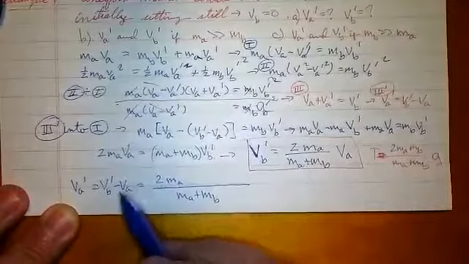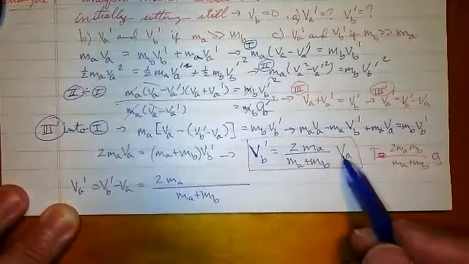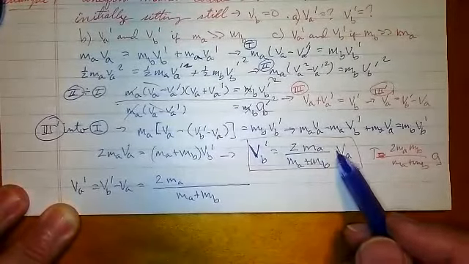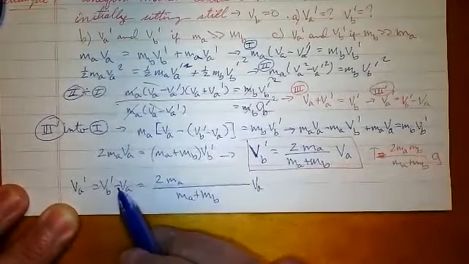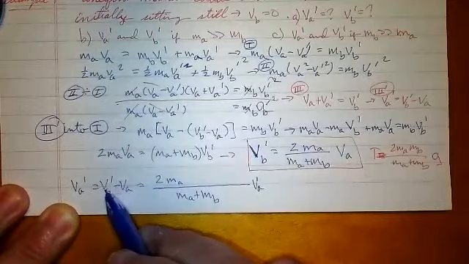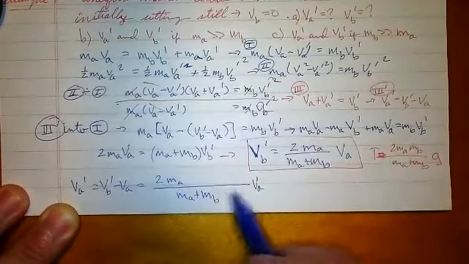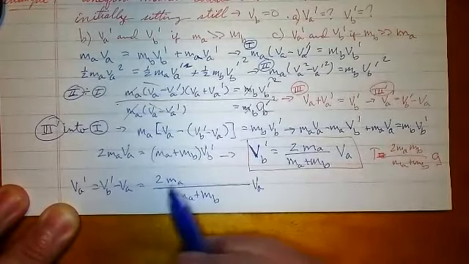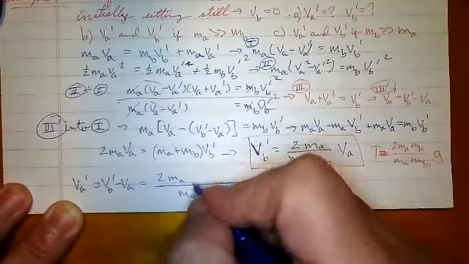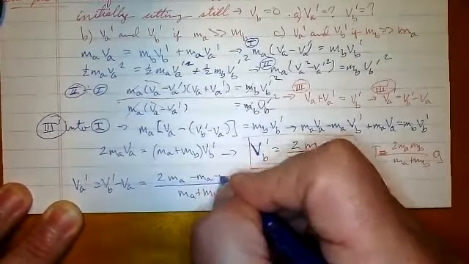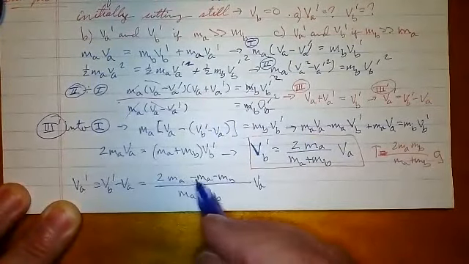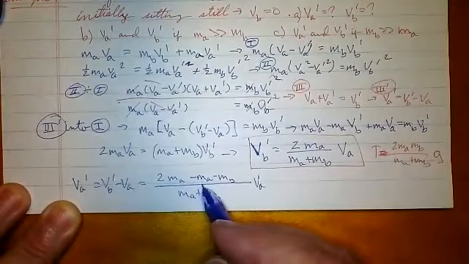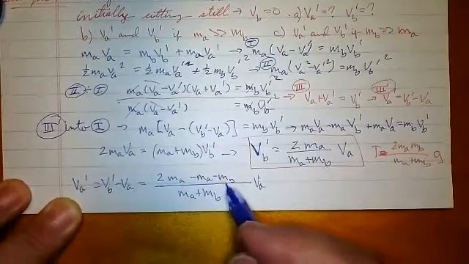I've got a VA multiplied in the VB prime right there, so I'm just going to pull that off to the side and write VA. But over here, that'll be a 1. So it'll be this times VA minus 1. But to get a common denominator, that means I have to do minus MA minus MB. And you can see the 2MA minus MA is just going to become MA, and then there'll be MA minus MB.